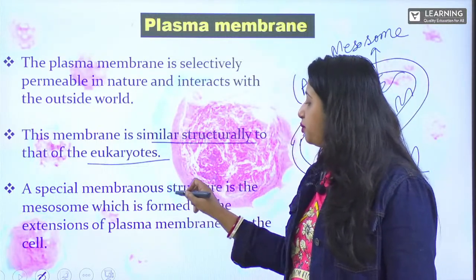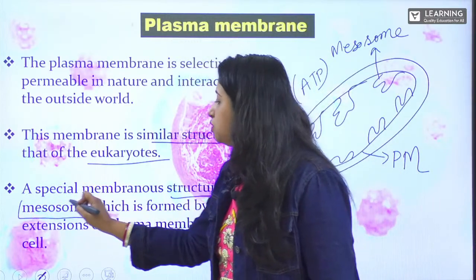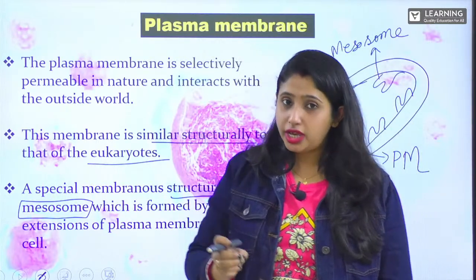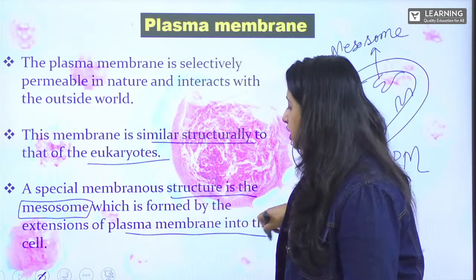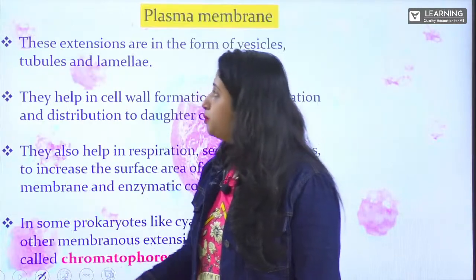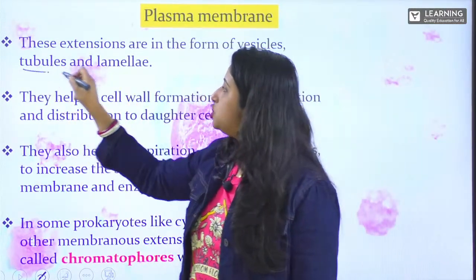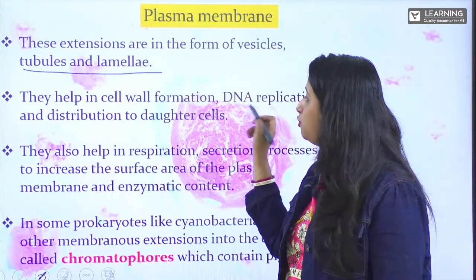A special membranous structure is the mesosome, which is present in prokaryotes and is formed by the extension of the plasma membrane into the cell wall. This is how the plasma membrane is arranged, and these extensions are in the form of vesicles, tubules and lamellae, and they help in cell wall formation.